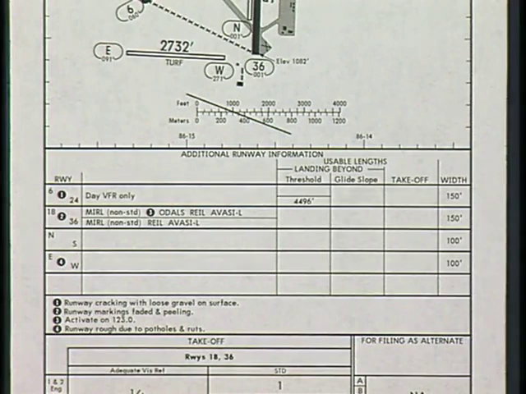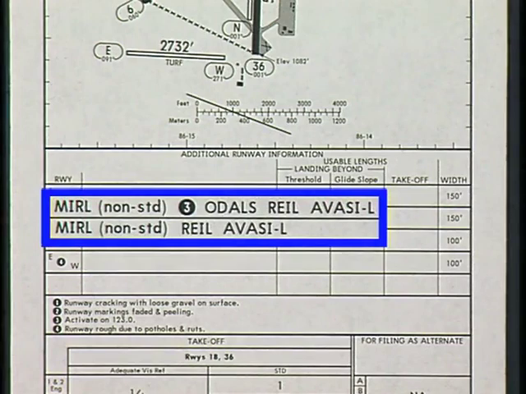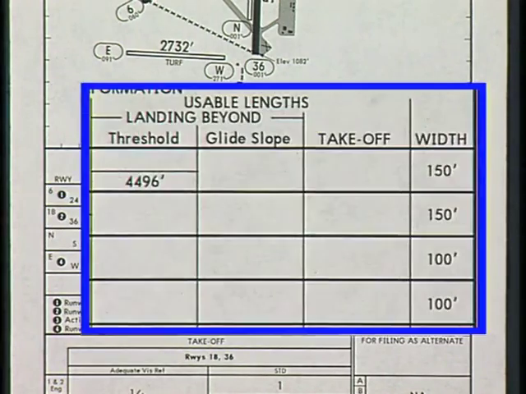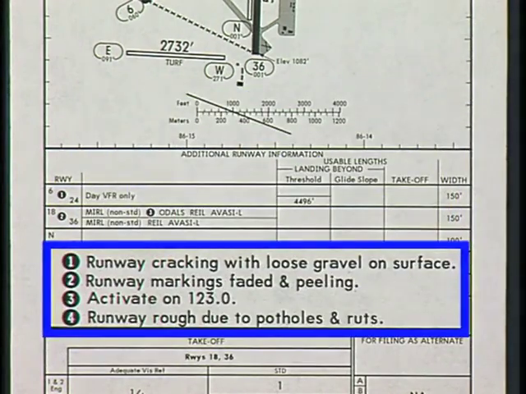Typically, this information is located below the plan view, but in some cases, it is published as a separate page. The information on this chart includes lighting systems, usable lengths and widths of runways. Appropriate notes are also included.